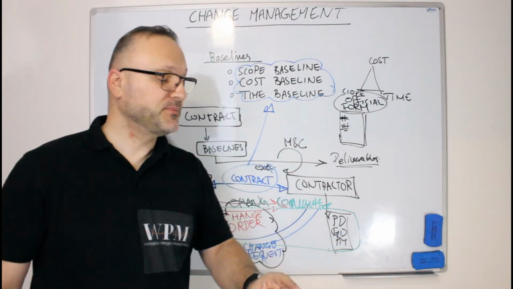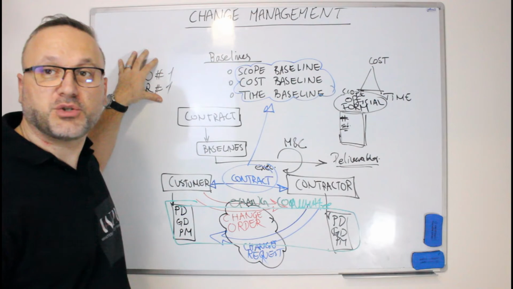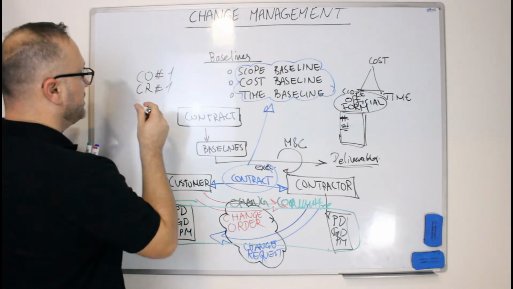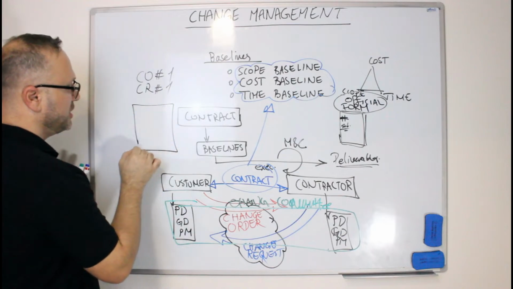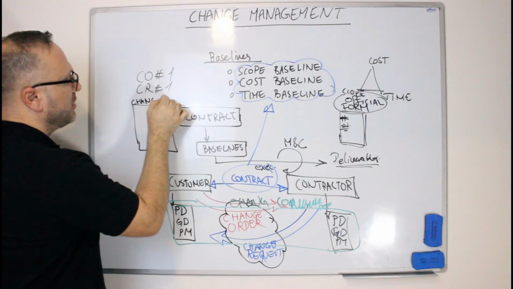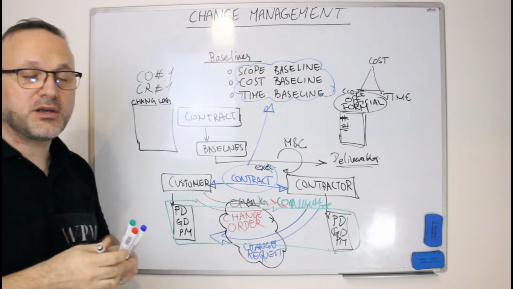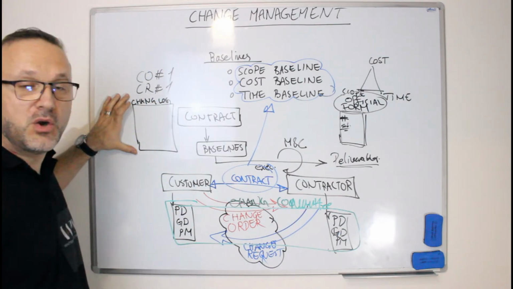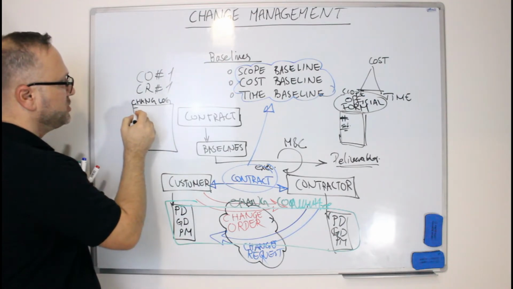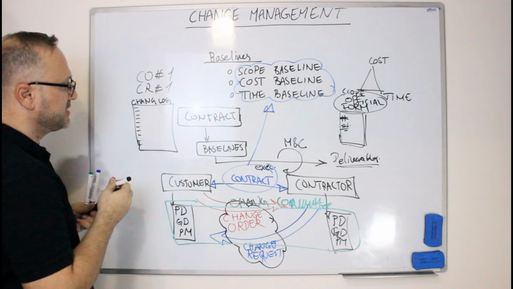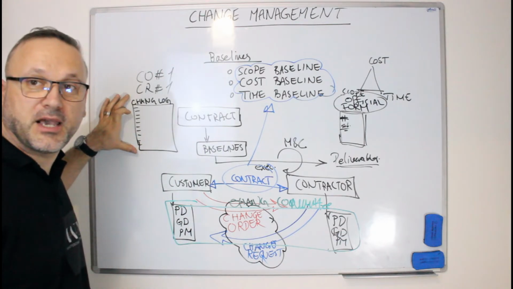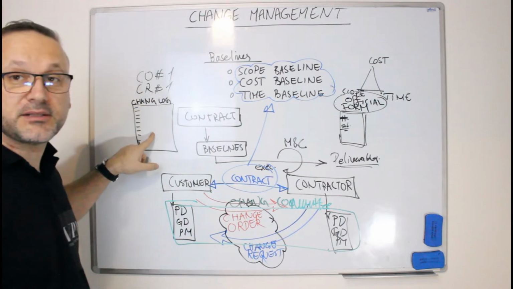Once it's approved, meaning the change order or the change request is issued, you have to register it in a sheet called change log. The change log is a simple log where you have registered all your change orders and change requests in one sheet with its status.